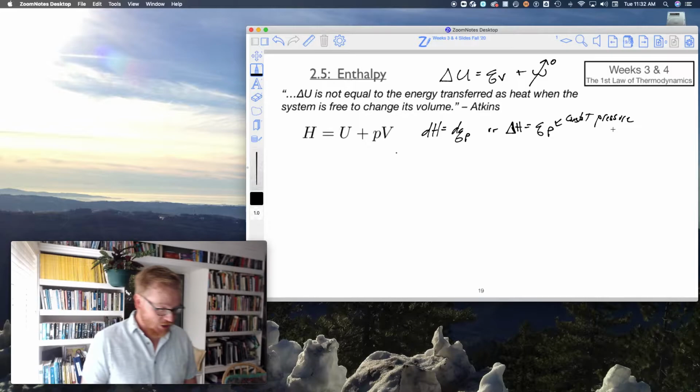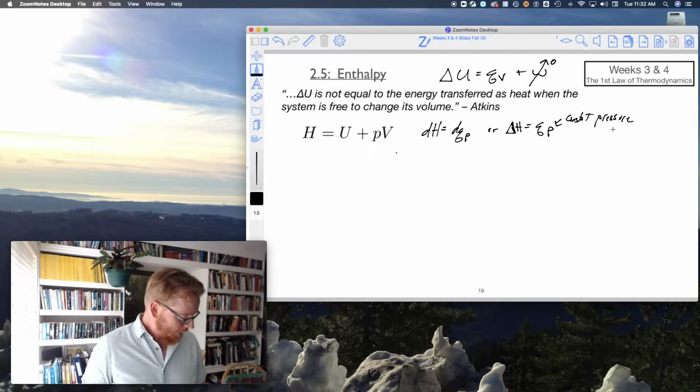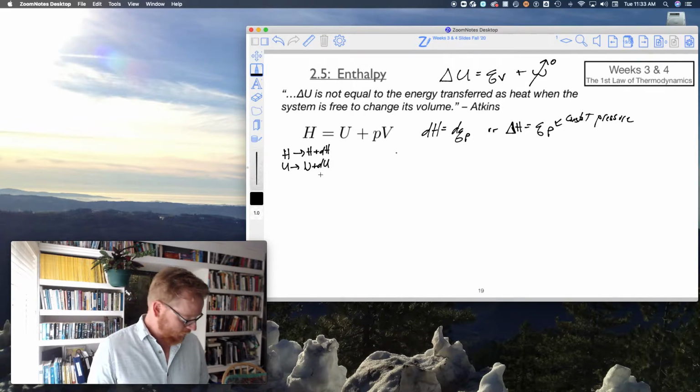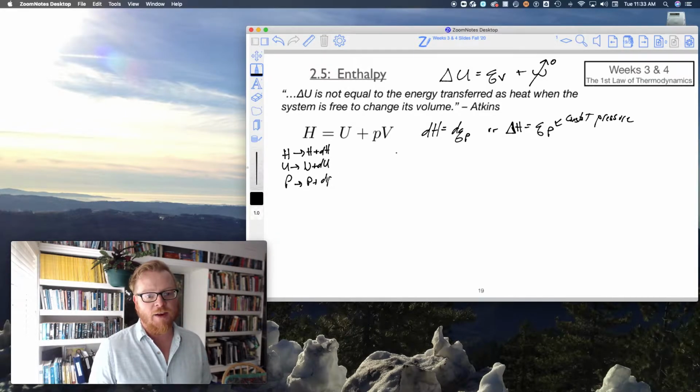So I'm going to do a derivation to prove that. All right? And so what we're going to do is impose that we can go from H to H plus dH, and U can go from U to U plus dU. So this is just setting up that we can talk about all of our variables and their infinitesimally small changes.